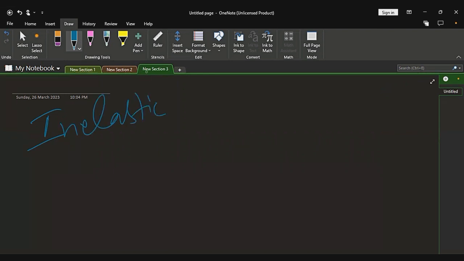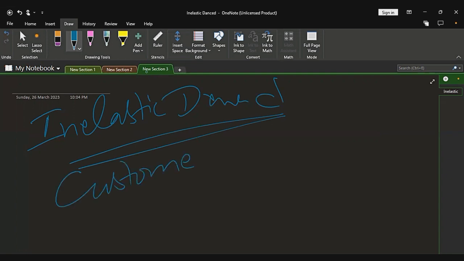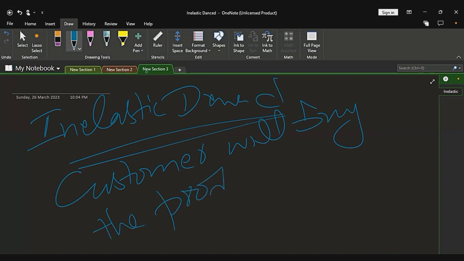Inelastic demand means that the customer will buy the product at any cost level.